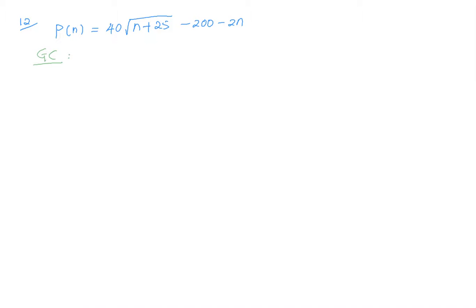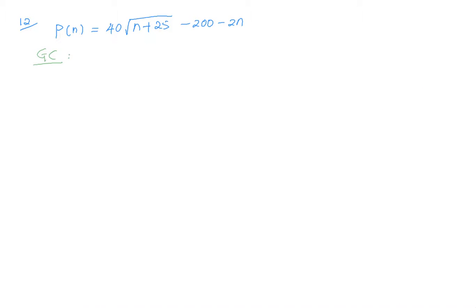Okay, by the way, n is the number, correct? So you go to window, you put your x minimum at 0, put x maximum. Now in this case, you have to keep trying until you can get the maximum turning point.